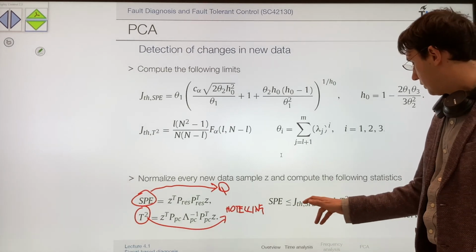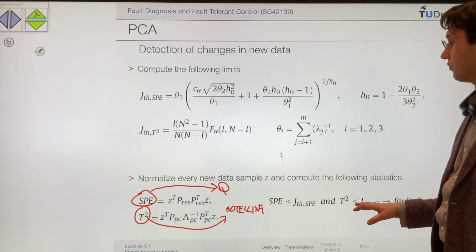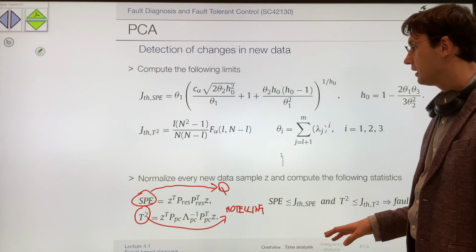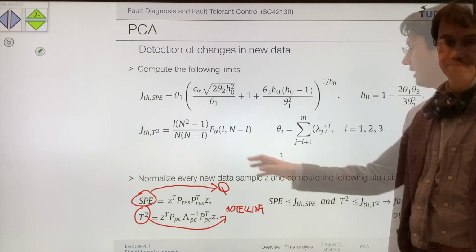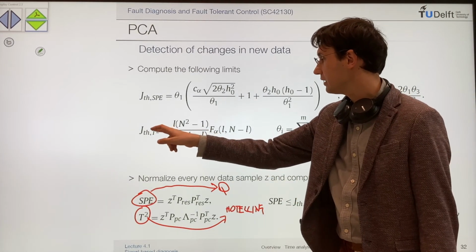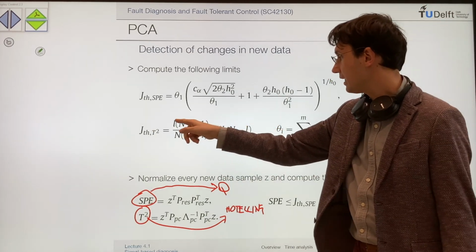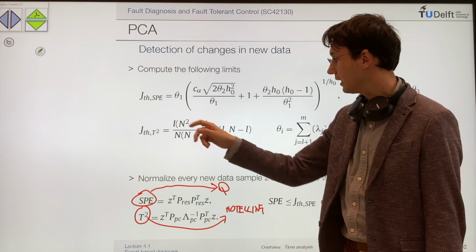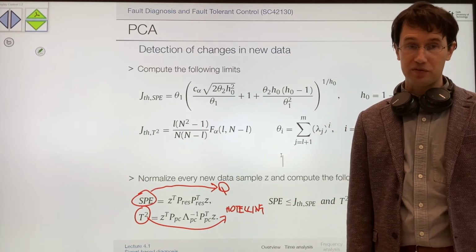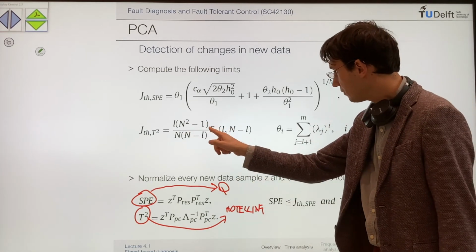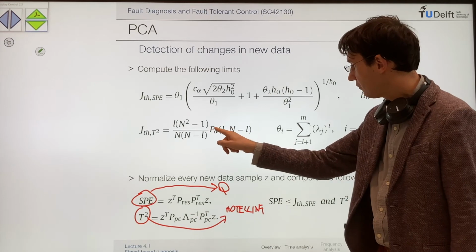Regarding the way to compute the threshold, well, the formulas are a little bit complex. At least for the Hotelling statistic, they are not so bad, because you have this expression where you have L, the number of principal components, and the number of samples. And then you have here F alpha.